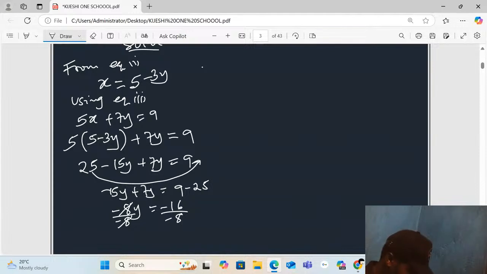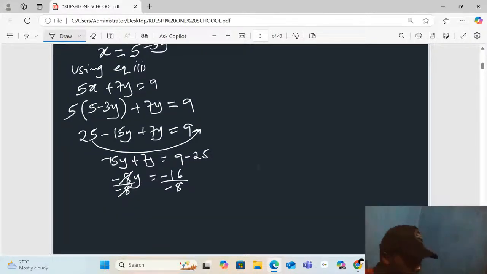Then negative 16 divided by negative 8, you get 2. So our y becomes 2.